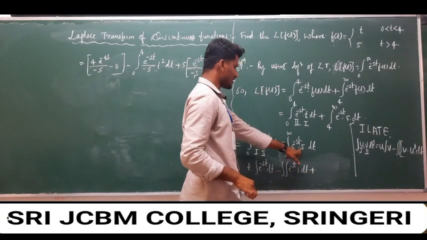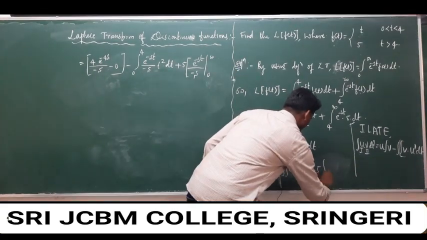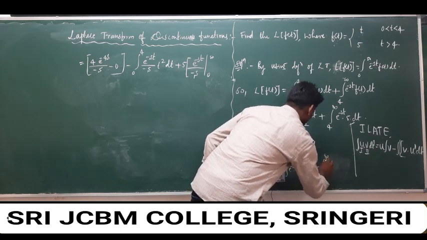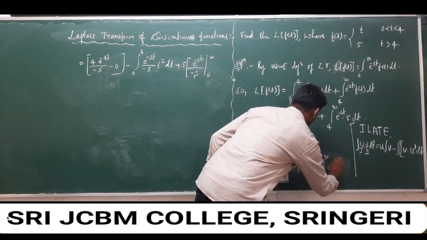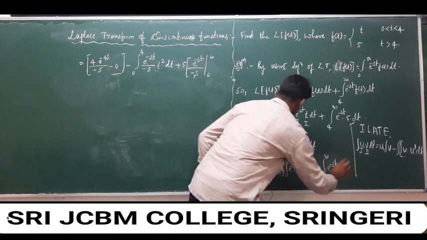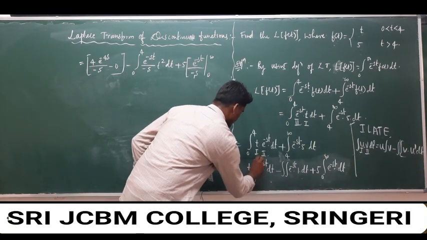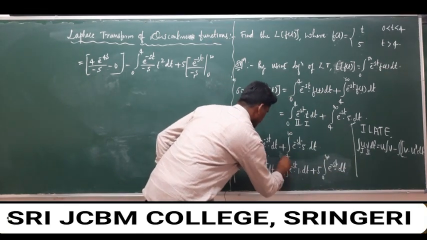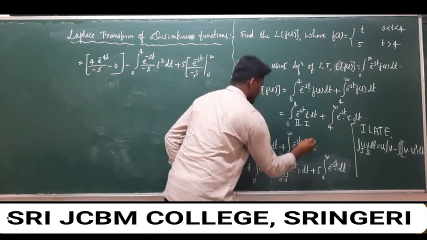Here 5 is a constant, take it outside: 5 times integration from 4 to infinity of e to the power minus st dt.